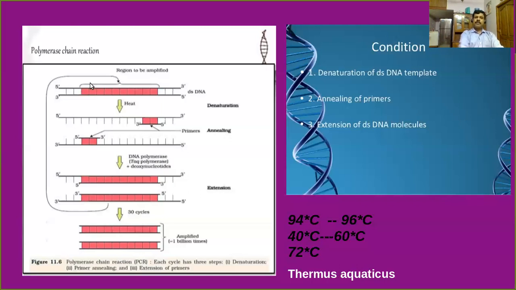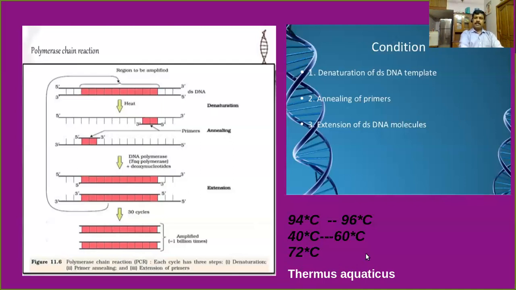In case of PCR or polymerase chain reaction, we are using an important DNA polymerase called Taq polymerase. This is a thermostable polymerase enzyme. Why? Because the Taq polymerase we have obtained from one of the most important thermostable bacteria called Thermus aquaticus. Do you know why we have extracted the DNA polymerase from a thermostable bacterium?